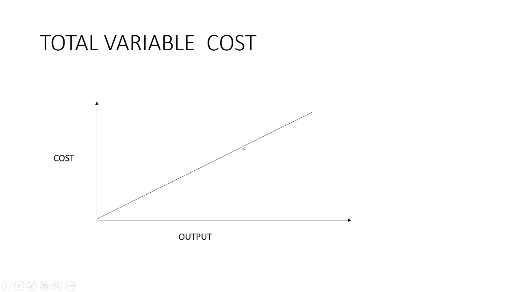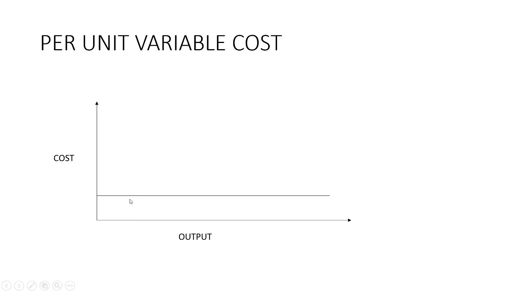So if you are producing more units, the total variable cost also increases. If you are not producing, it will be less. Now we'll see the per unit variable cost. Per unit variable cost remains the same. So in our example, rupees 10. If you produce 1 unit or 10 units or 100 units or 1000 units, unit variable cost is rupees 10 only.